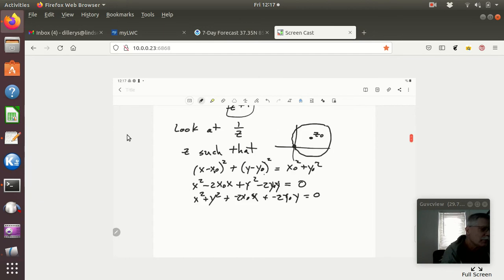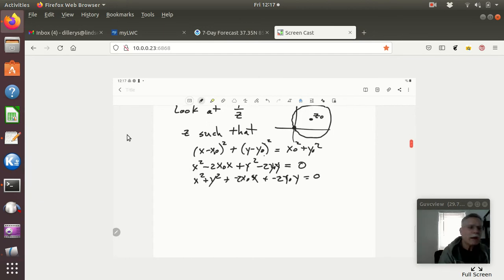Okay, so from that other page we had alpha times that x squared plus y squared. So alpha is equal to 1, beta is equal to negative 2x0, gamma is equal to negative 2y0, and most importantly, delta equals 0 in this case.